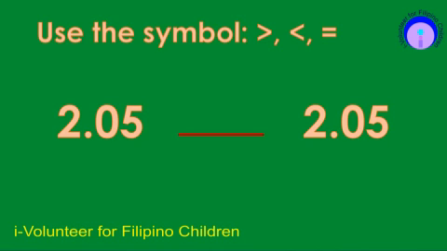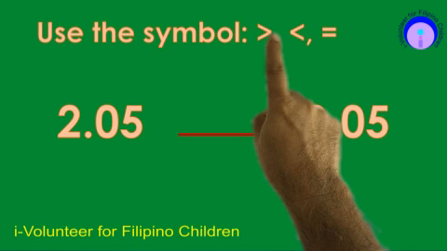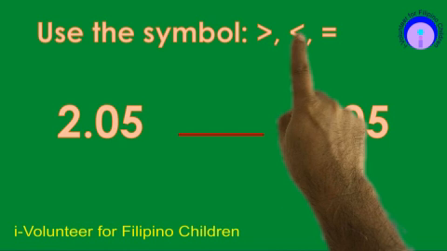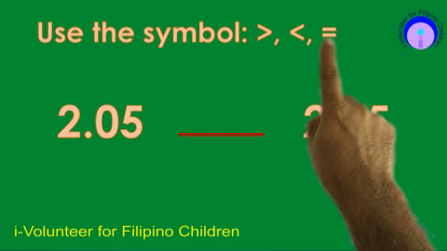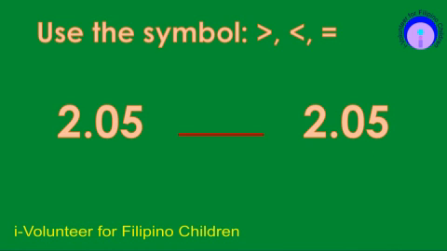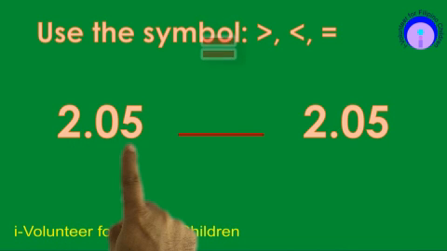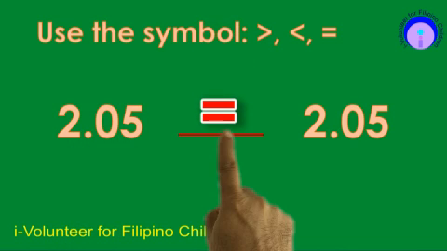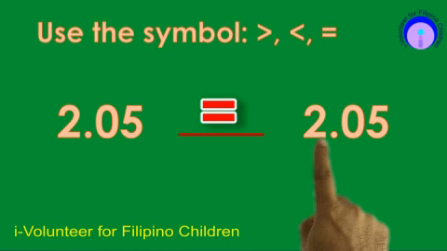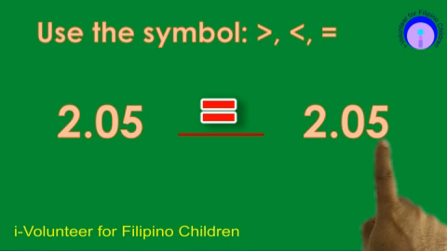The instruction says, use the symbol greater than, less than, equal. And this is how to read correctly. 2 and 500ths is equal to 2 and 500ths.